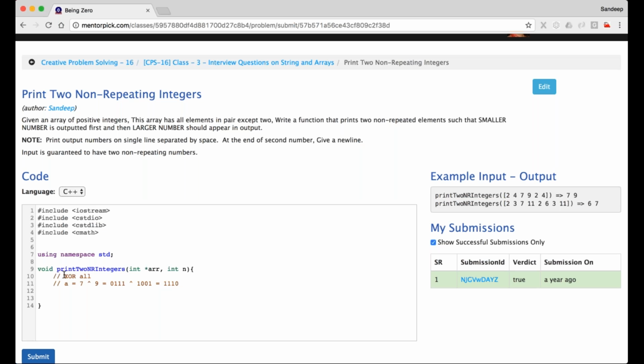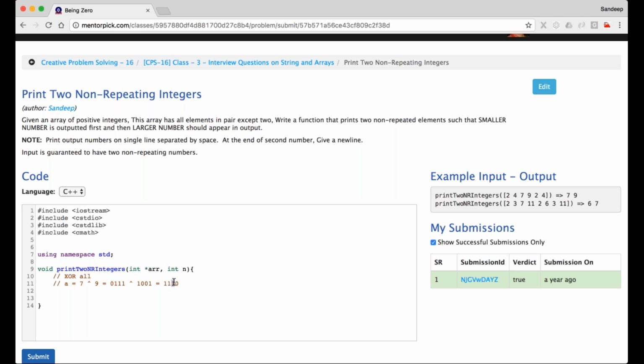Now we have this XOR all answer, and its set bit 1 is telling us that this bit is different in 7 and 9. We can conclude that in 7 this bit was set and in 9 this bit was not set. That's the reason we are getting 1 here.